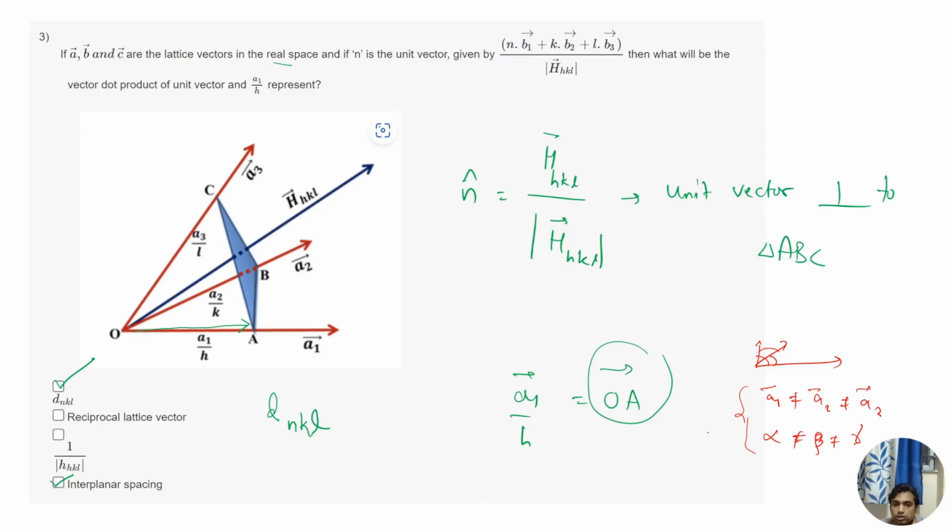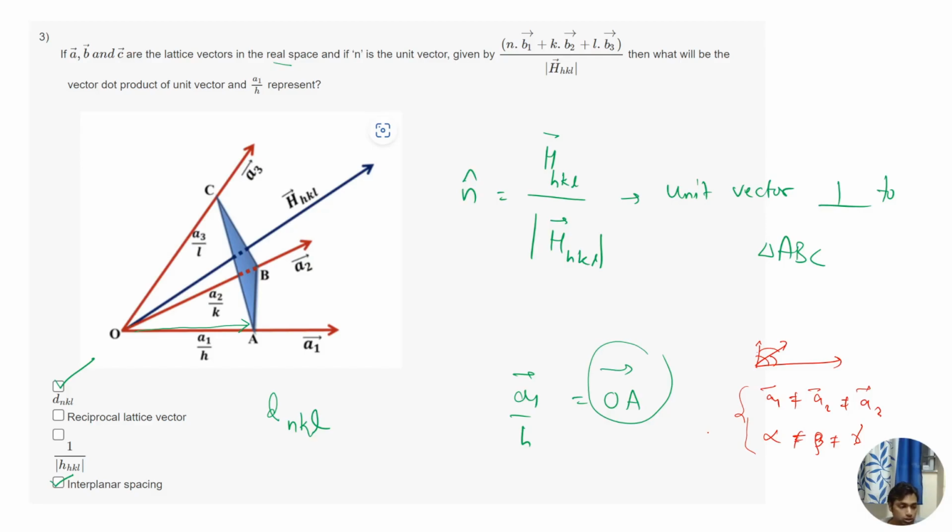So what kind of a lattice vector is that HKL? We are not saying that HKL is a lattice vector. It's just a vector in the reciprocal lattice space.